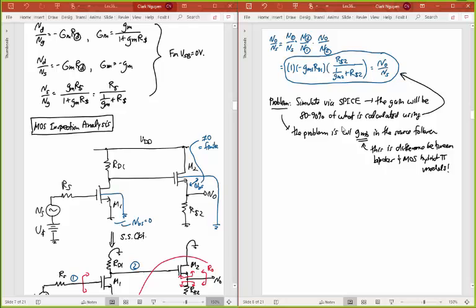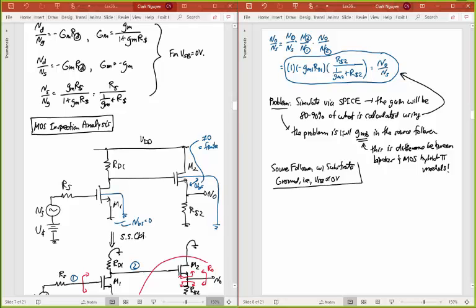And so let's focus on that source follower now with the substrate grounded. So in other words, VSB not equal to 0 volts.